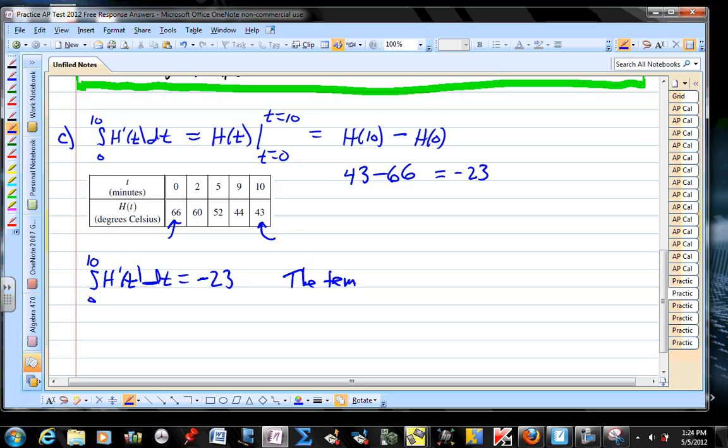So let's say the temperature decreased a total of 23 degrees Celsius from t equals 0 minutes to t equals 10 minutes.